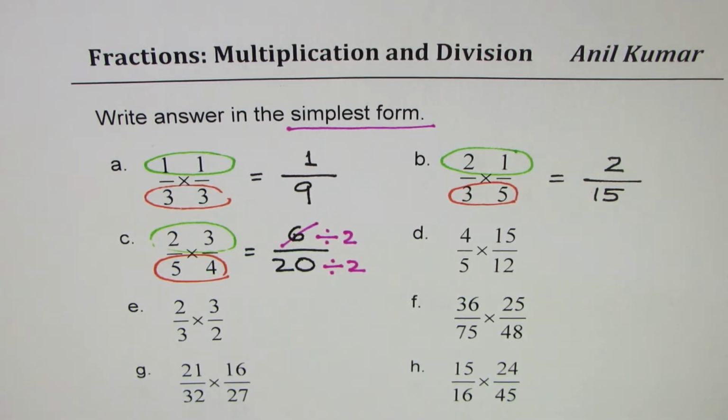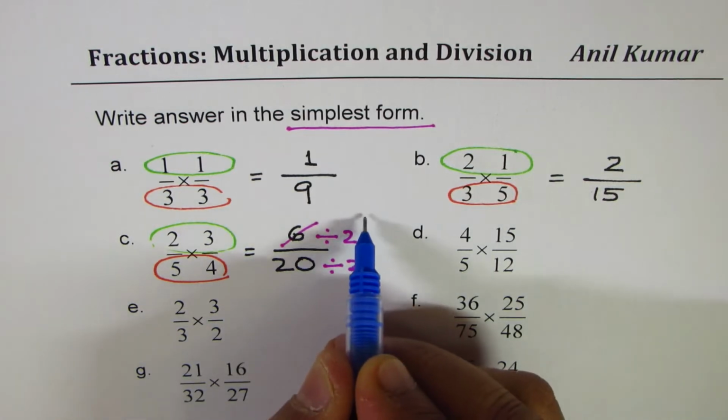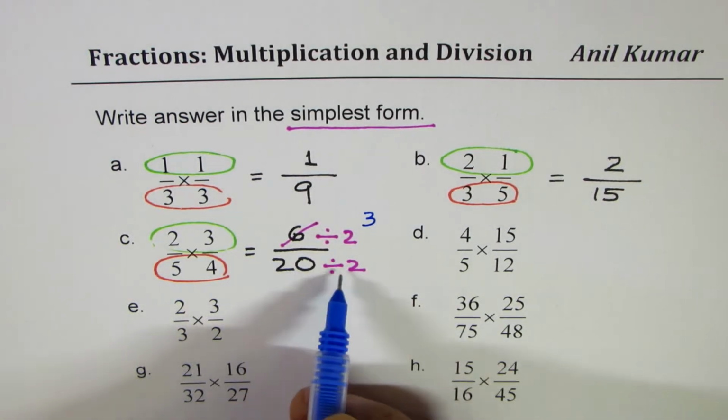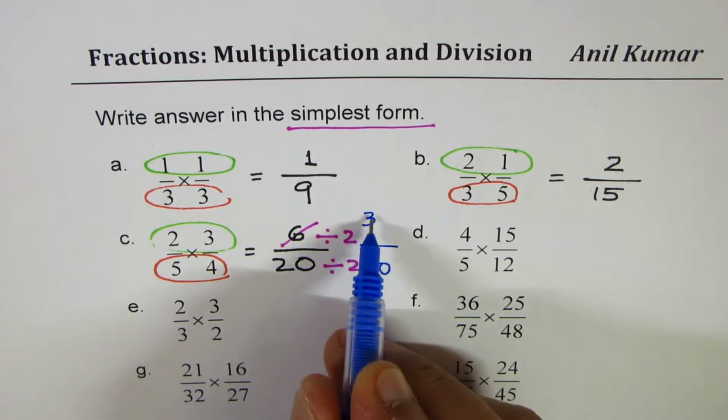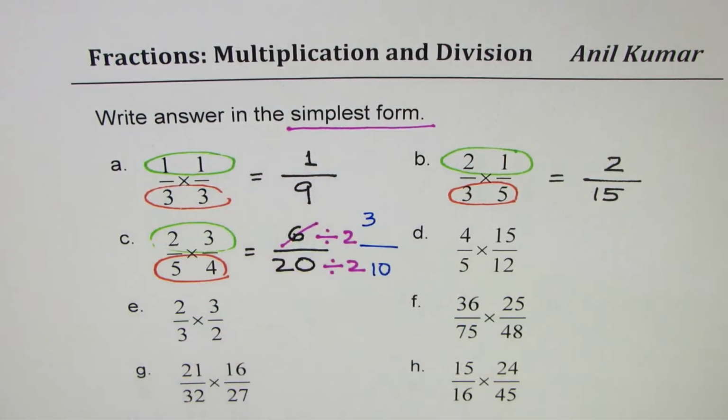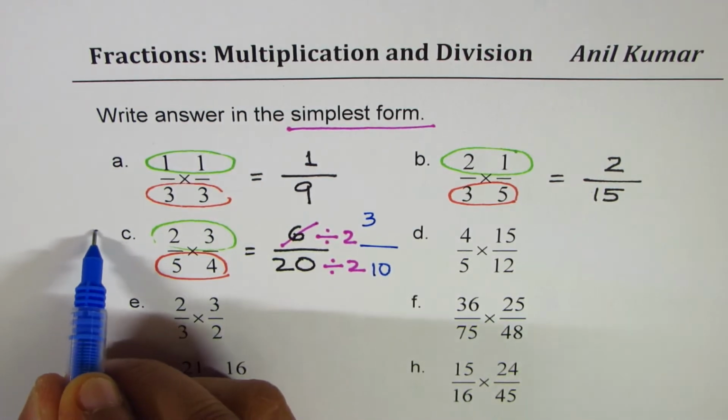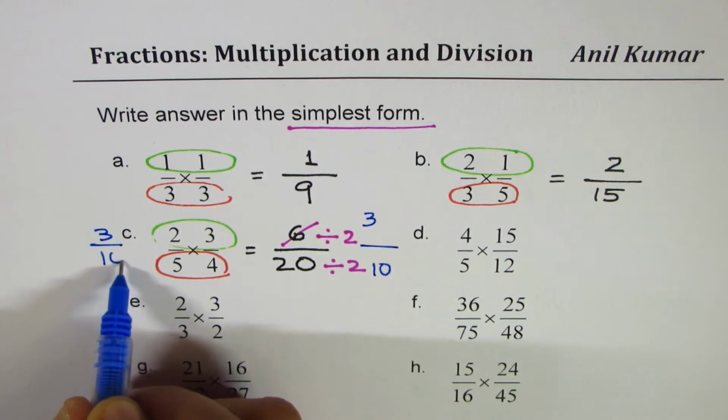Dividing by 2, I get 3 in the numerator, right? And dividing 20 by 2, I get 10 in the denominator. So my answer really is 3 over 10 in the simplest form. So for C, the correct answer will be 3 over 10.